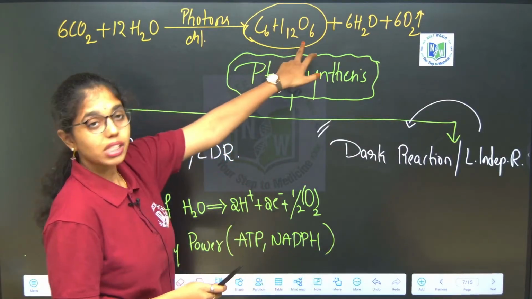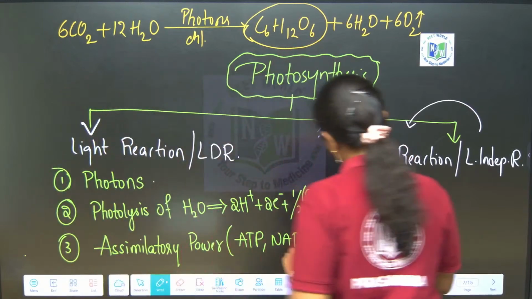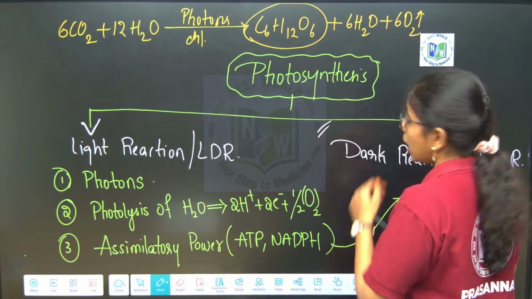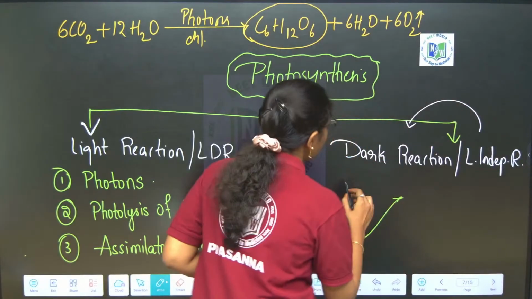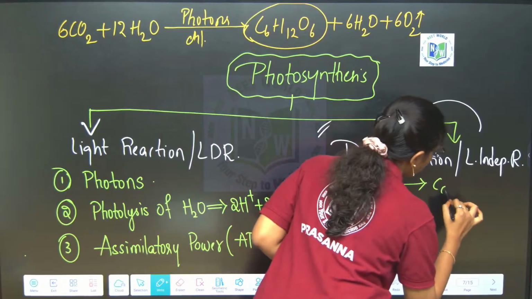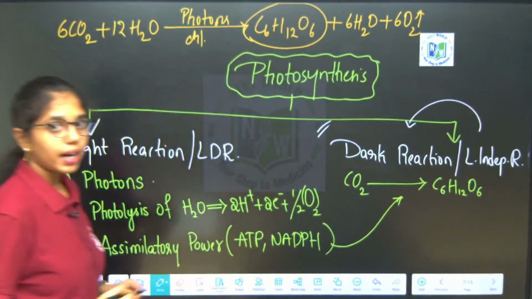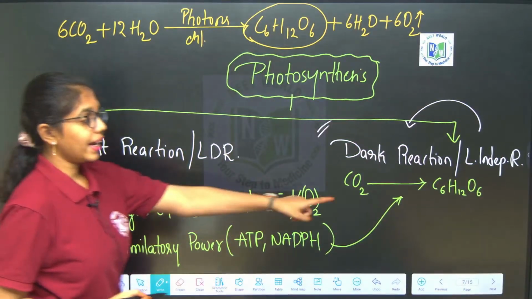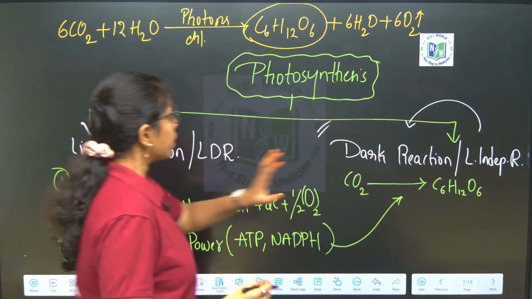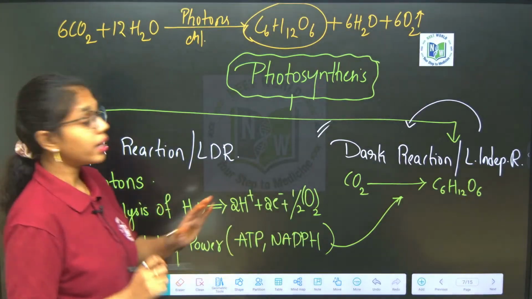Now the formation of glucose happens in the dark reaction utilizing this assimilatory power, where carbon dioxide is fixed to glucose, C6H12O6, utilizing ATP and NADPH.